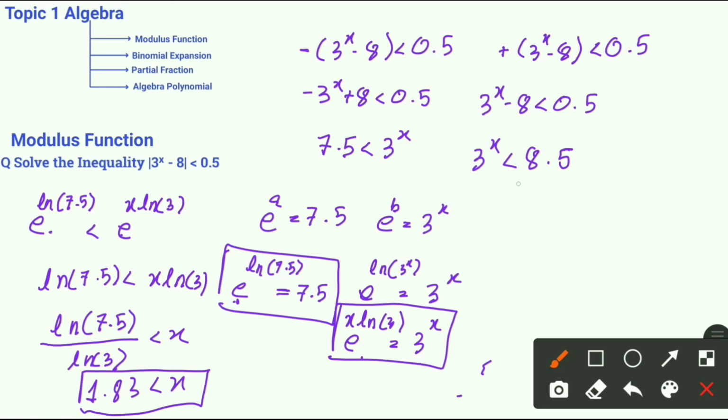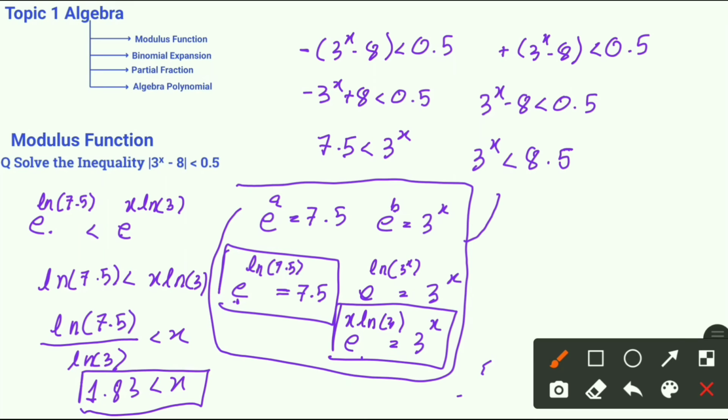Now we need to find the other. The same thing that we have done to this one, we're going to do to the other as well. So e to the power x ln 3 greater than e to the power ln 8.5. Then we focus on the power since both bases are the same.